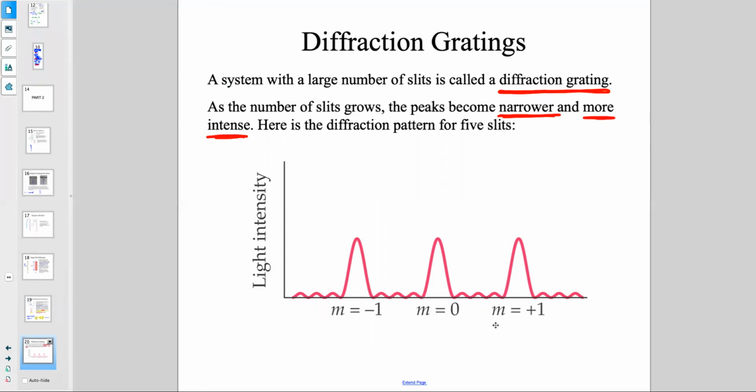Here's a diffraction pattern for 5 slits. So you have M1, and then you have 3 little smaller, less intense bright spots, and then you have another huge bright on the left, and they are symmetric, by the way. So these are less bright spots, but then you have 3 bright spots at the center, and these are destructive.